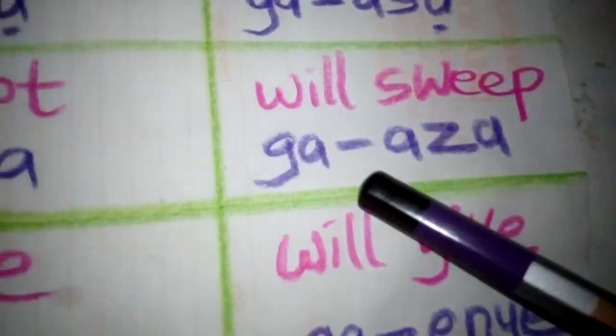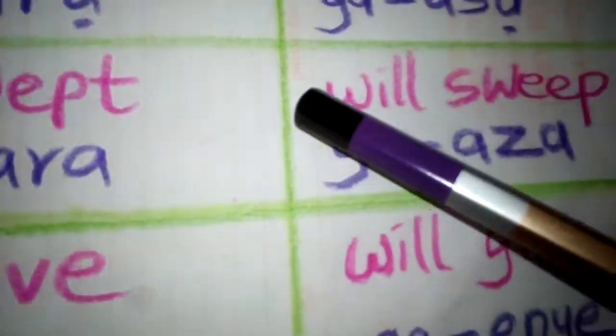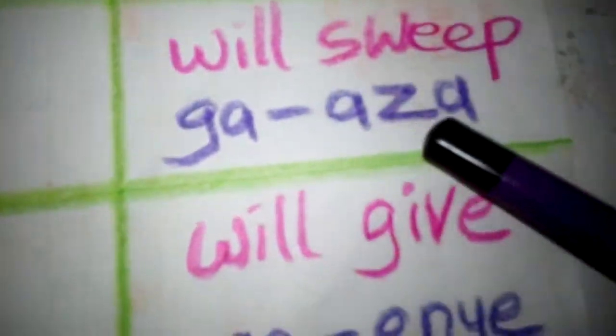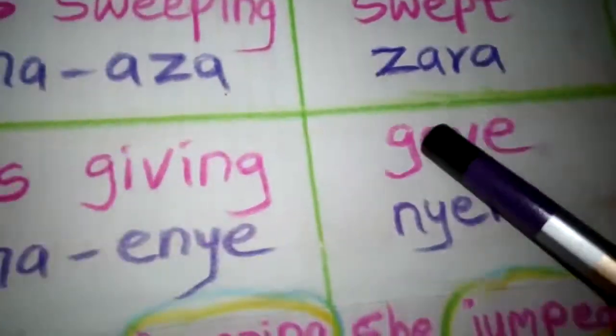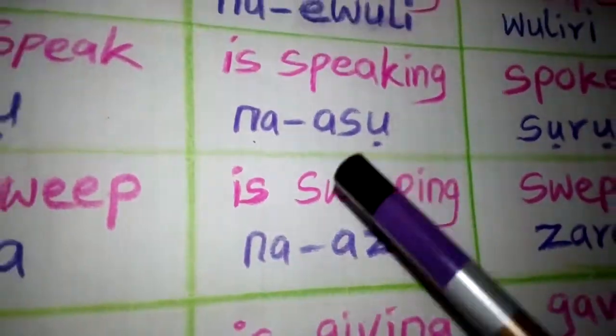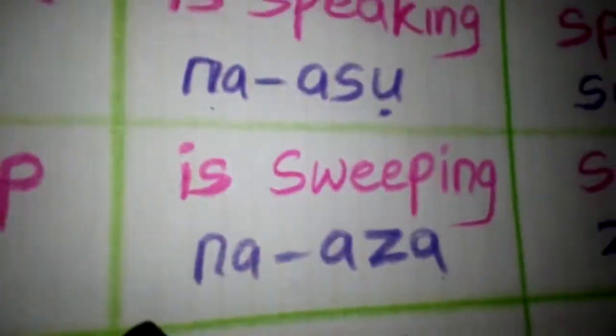He will sweep. David will sweep. David ga-aza. Ga-aza shows will. Okay? Na-aza means is presently sweeping.